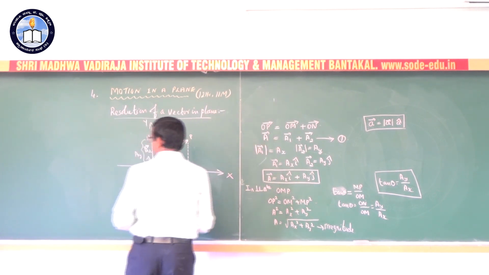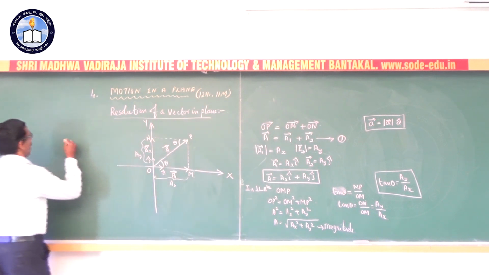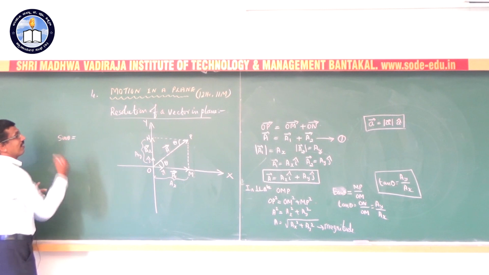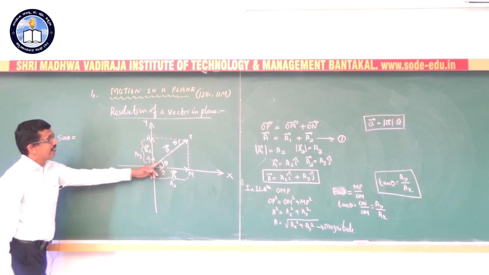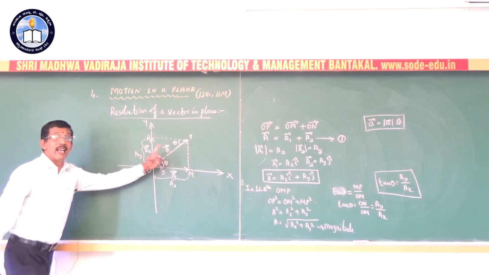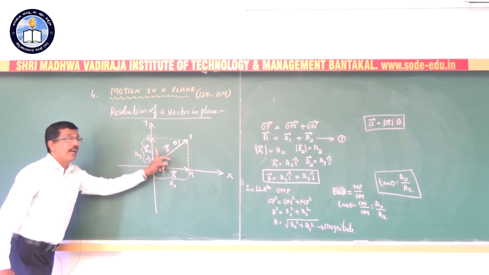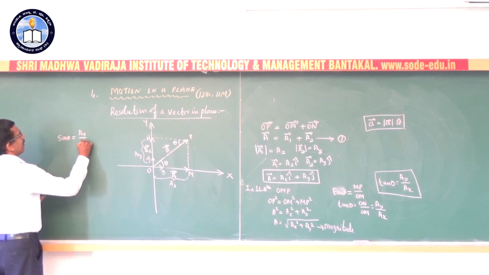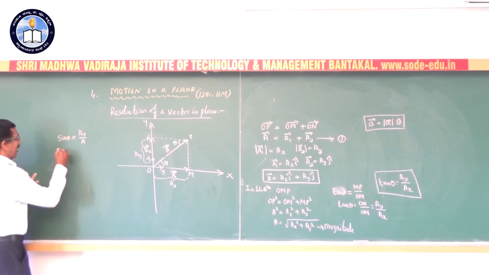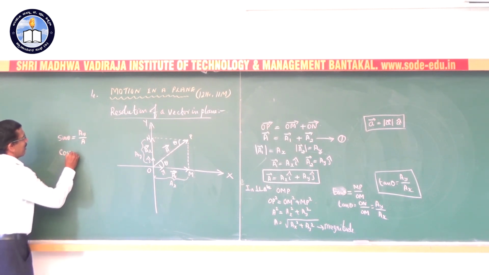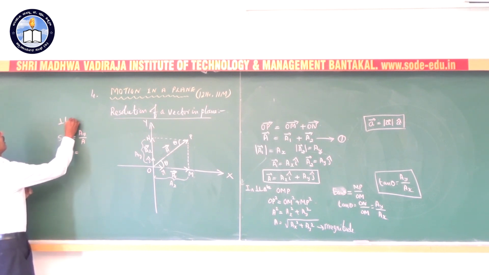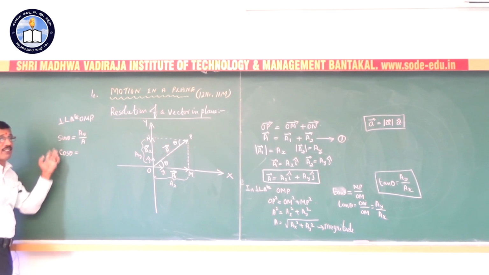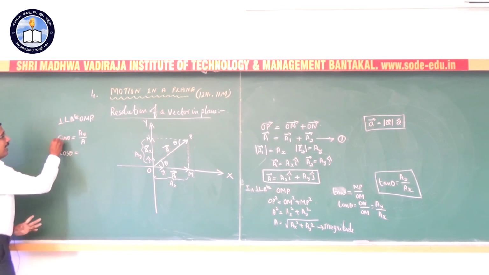Also, just see in the same triangle, what is sin theta? Sin theta is opposite by hypotenuse, that is AY by A. Similarly, what is cos theta in the same right angle triangle OMP? These are the basic definitions of trigonometric functions sine and cos.